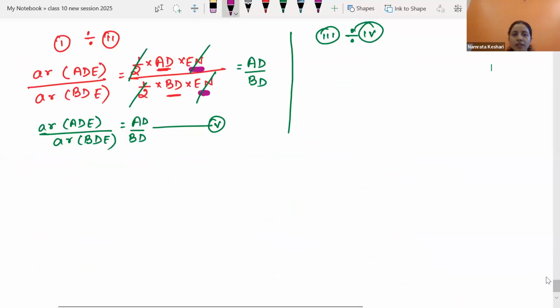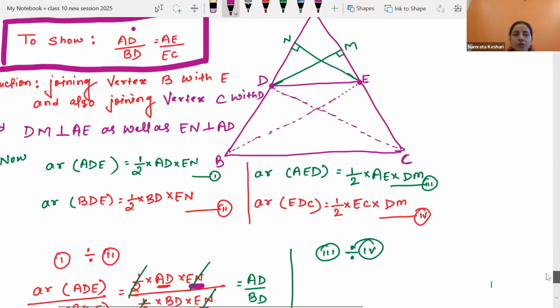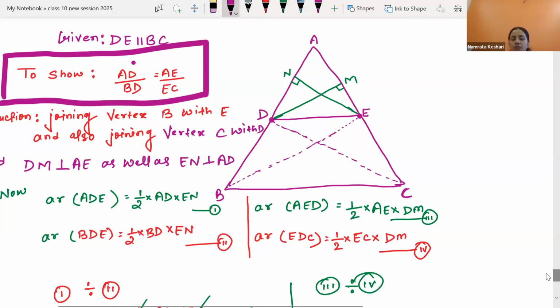Or without even dividing, are you realizing from here? Look at your equation 1 and equation 2. When you divide equation 1 and equation 2, what are you going to get on RHS? AD by BD, yes or no?